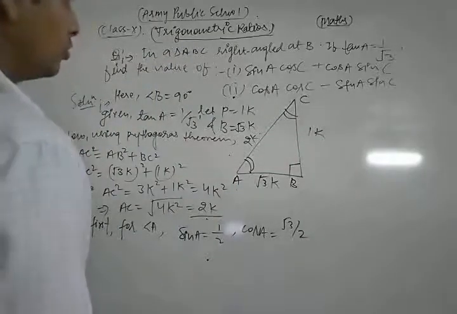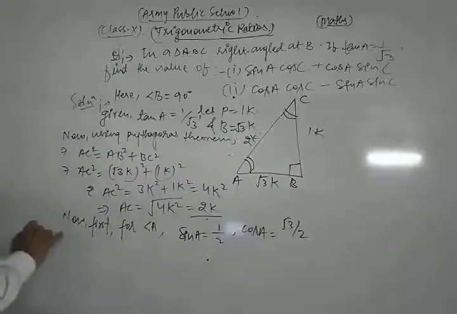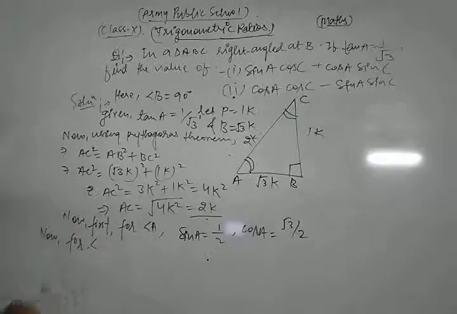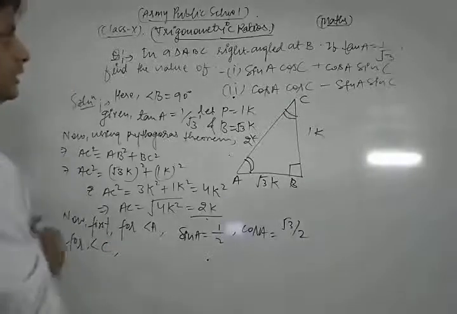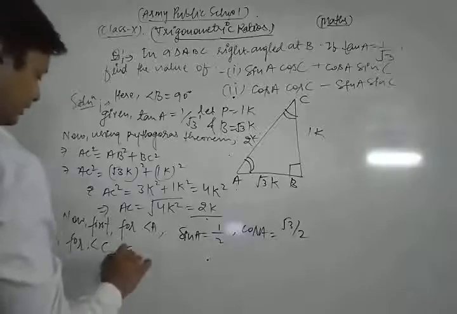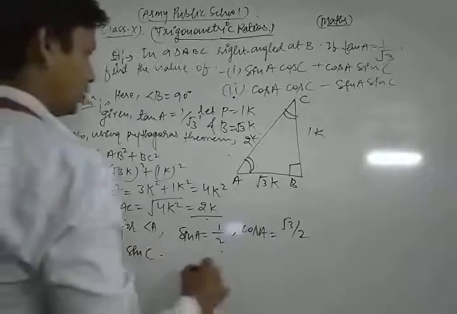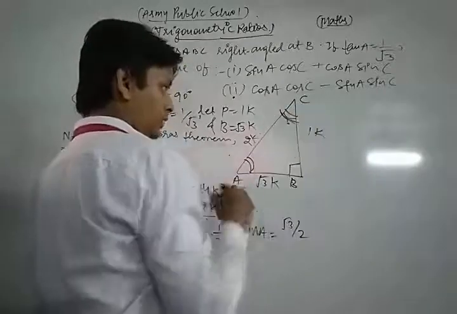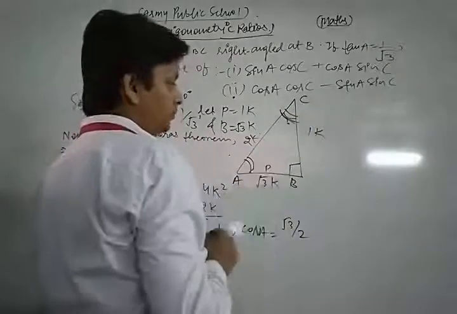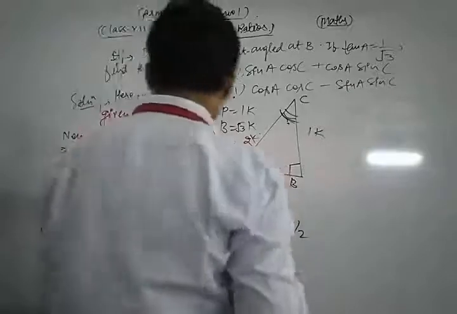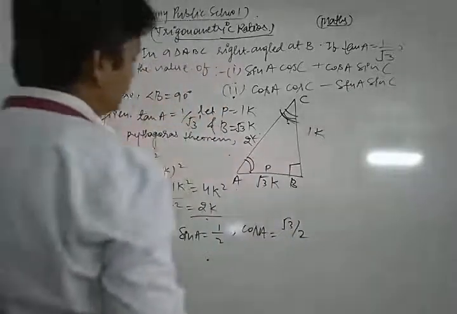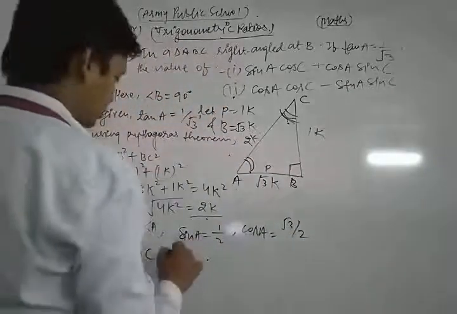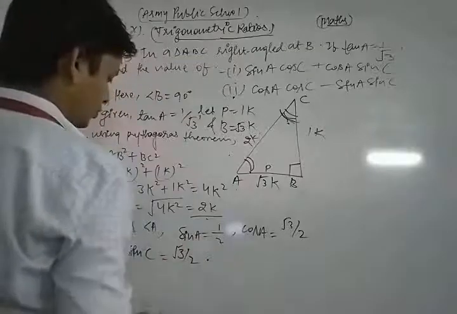Now for angle C. So, sine of angle C. If we measure angle C, then the side opposite to the measuring angle is your perpendicular. So now sine of angle C is perpendicular upon hypotenuse. So it means root 3 upon 2.